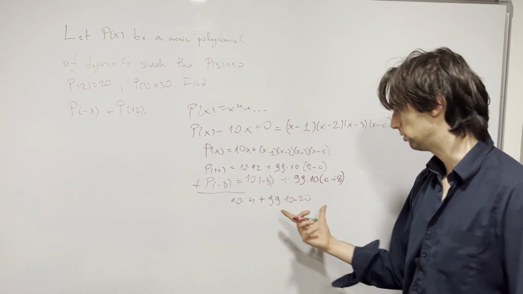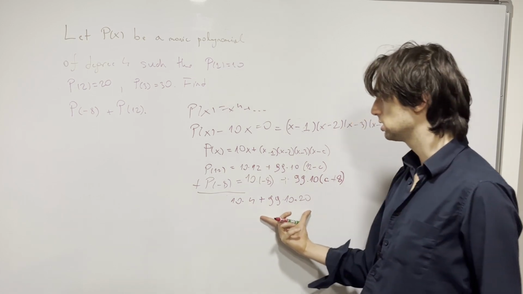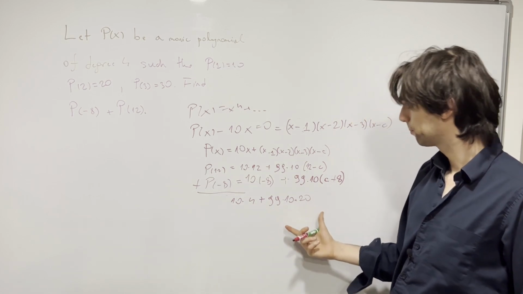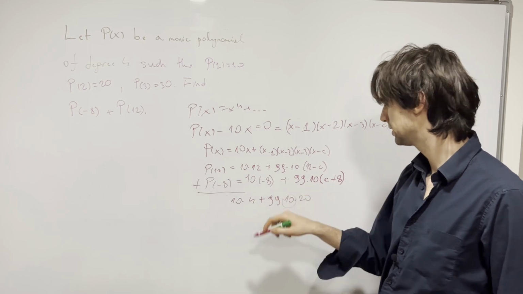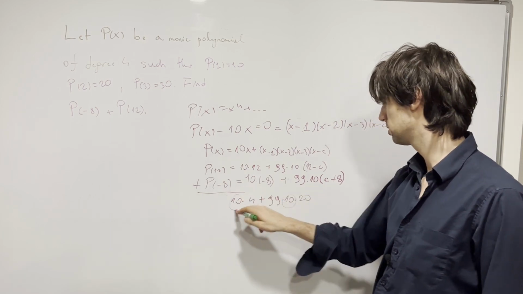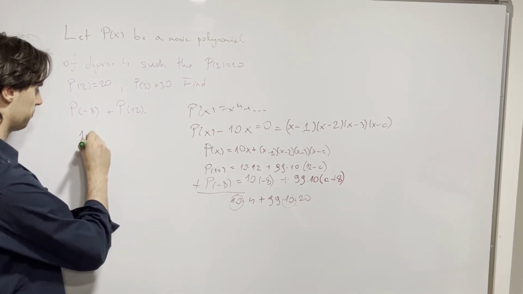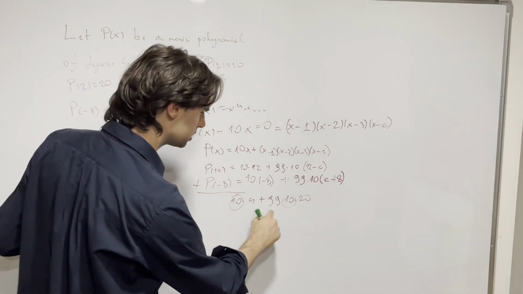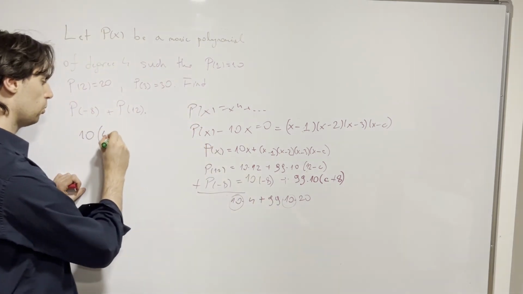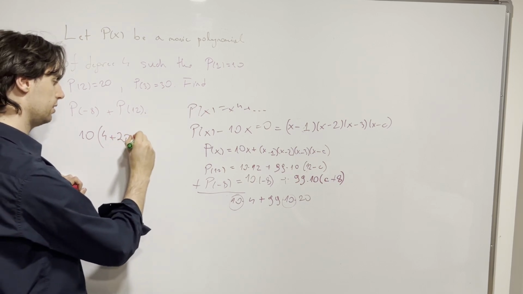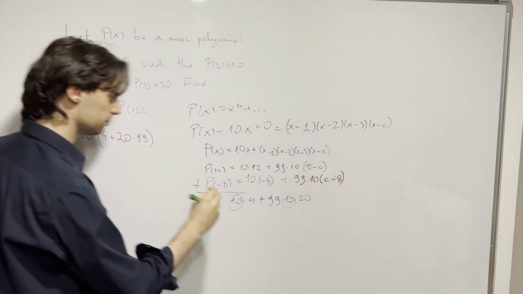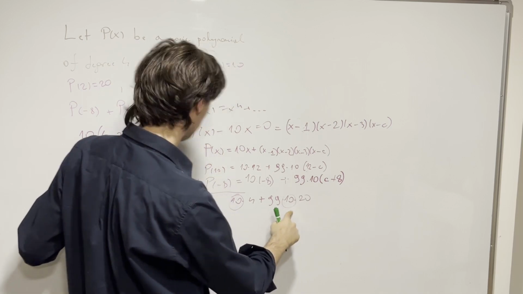Now I need to actually figure out what this thing is when we multiply it through. And the way I'm going to do that is get the 10 out. What happens when I have the 10 out? I have 10 times 4 plus 20 times 99. Yeah, that is all good.